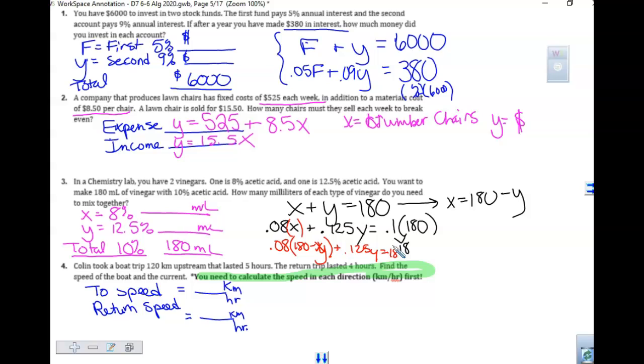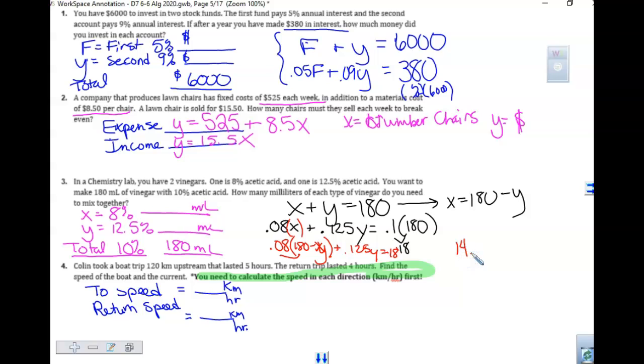Take those calculators out for me. We're going to do some multiplying. We're taking 0.08 times 180. I think it's 14 something.